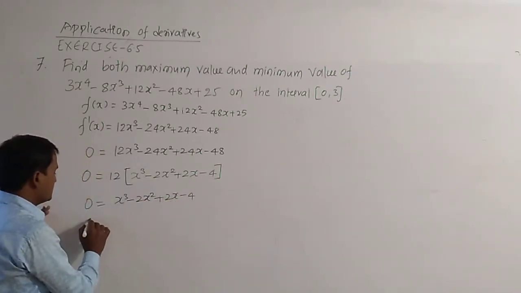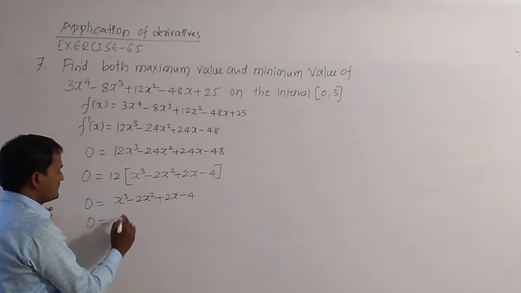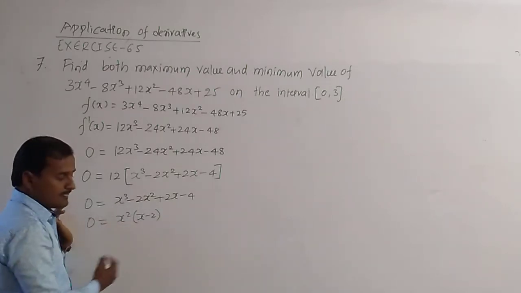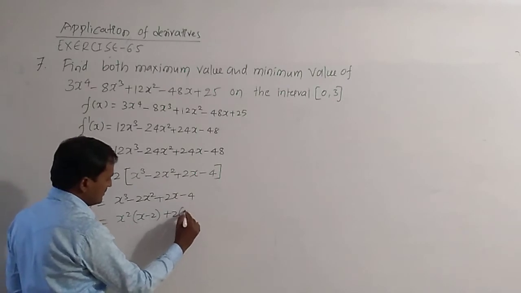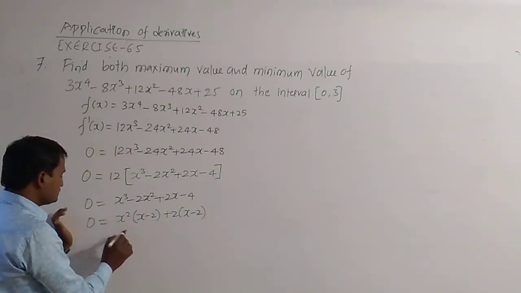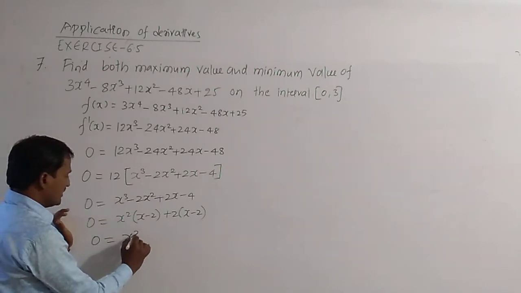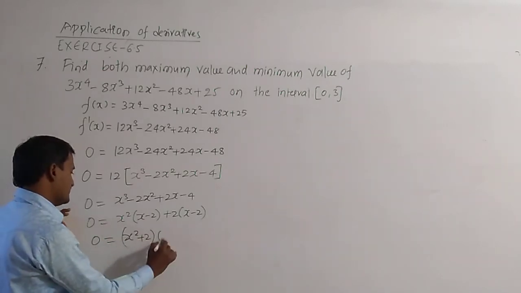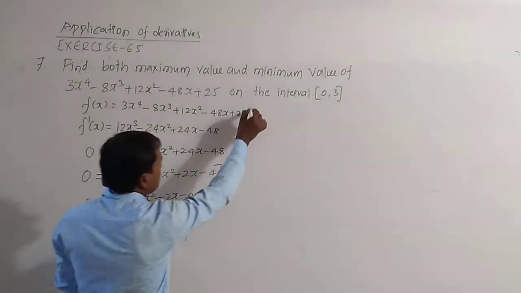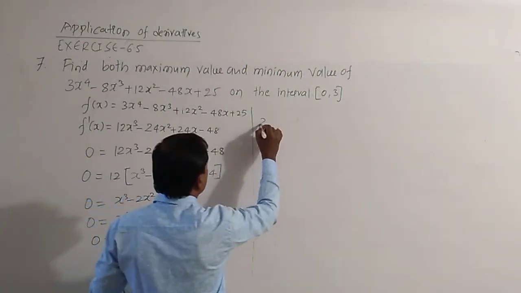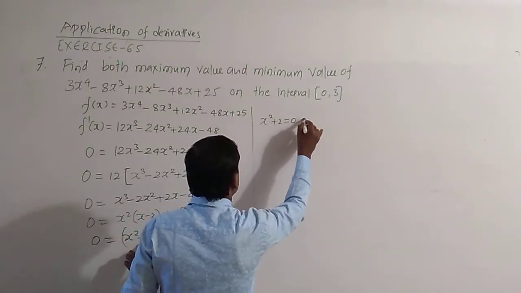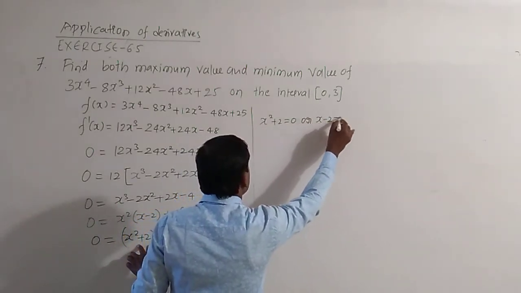Now simplifying this one, take x square outside. So here we get x minus 2. And here take 2 outside. So again here we get x minus 2. Now 0 is equal to x square plus 2 times x minus 2. So either x square plus 2 equal to 0 or x minus 2 equal to 0.